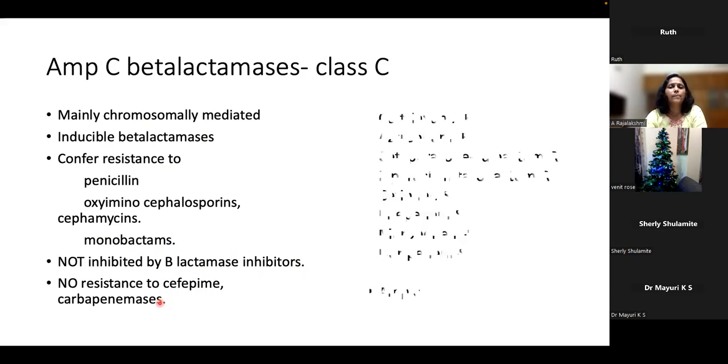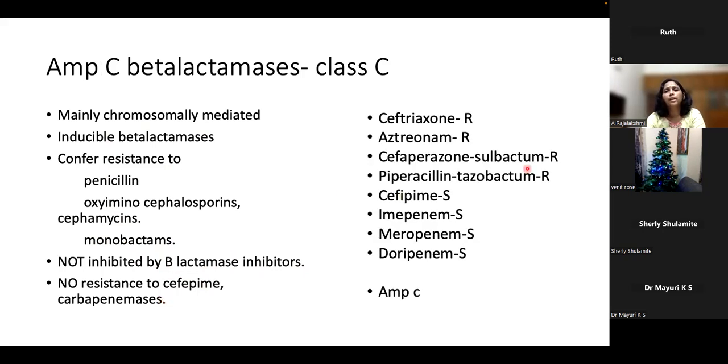So this is an example of AmpC, where you find that the beta-lactam/beta-lactamase inhibitor is resistant, but if you get a culture report of cefepime sensitive and carbapenem sensitive, then you suspect that it's an AmpC producer. This is only a simple understanding of the resistance mechanism, and there is much more to it.